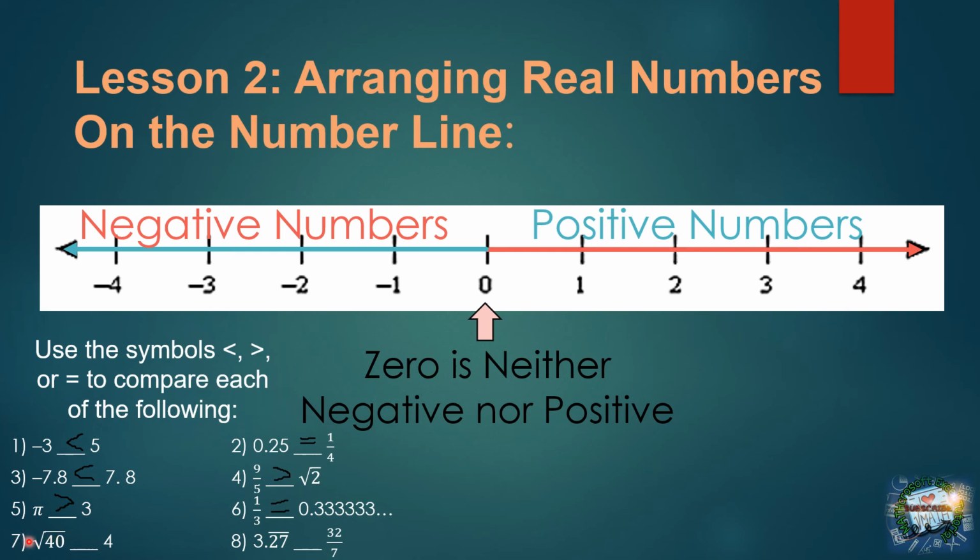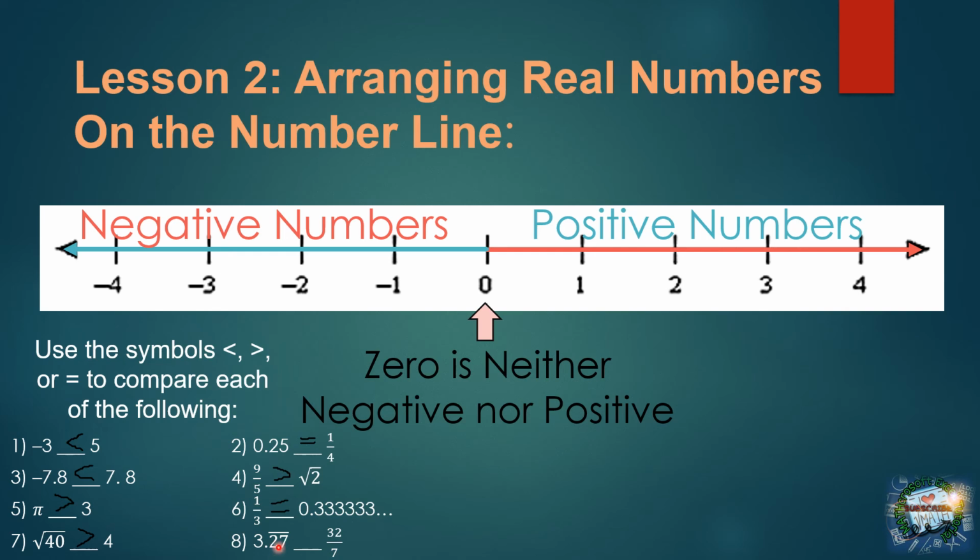So, it's more than 6, 6 point something siya. Makikita natin na mas mataas nga yung square root of 40 because it lies between 6 and 7. So, mas mataas siya compared to 4. So, it should be greater than.